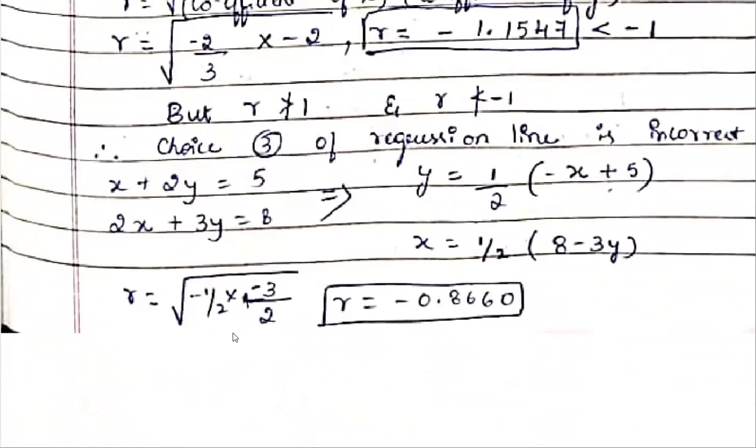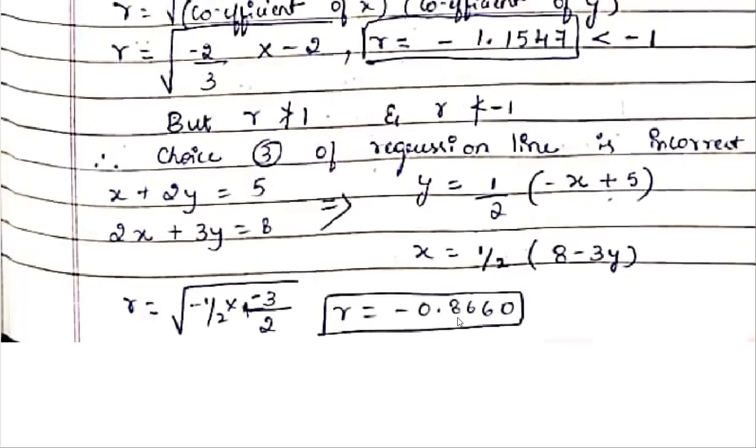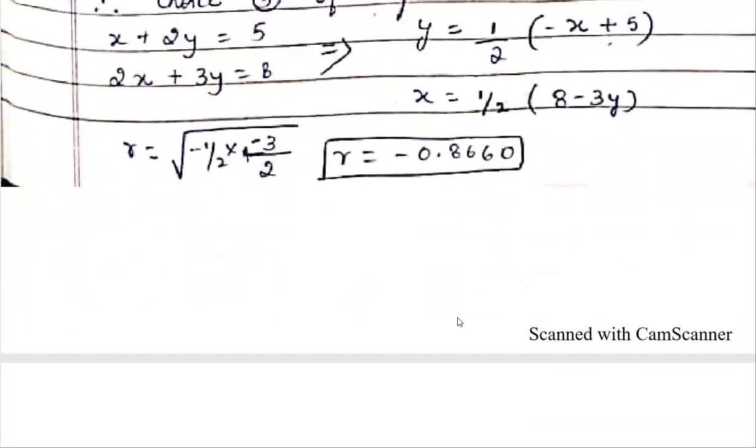And then find out the rest from your calculation. Square root of half into 3/2 turns out to be 0.8660. So if you have done it correctly, you have to just verify whether it lies between -1 and +1. Yes, it is lying within -1 and +1. So this answer is correct. So that's the correlation coefficient whenever two lines are given. So this problem is important.